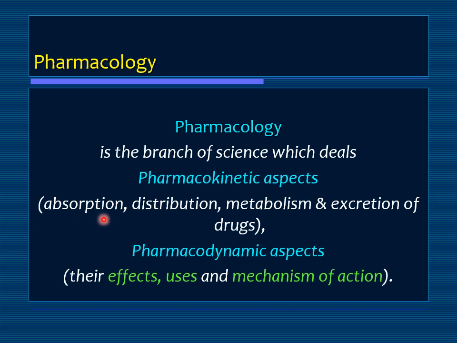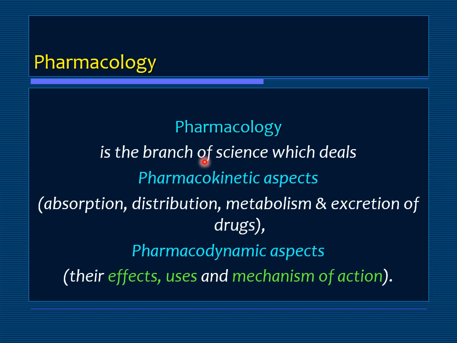Absorption: from the site of application, it is entering into the blood after crossing the membrane. So moving. Distribution to the various sites of the body. Metabolism, again going to the metabolic site and then being transformed into its metabolites, and then the excretion through various excretory organs, especially through the kidney.